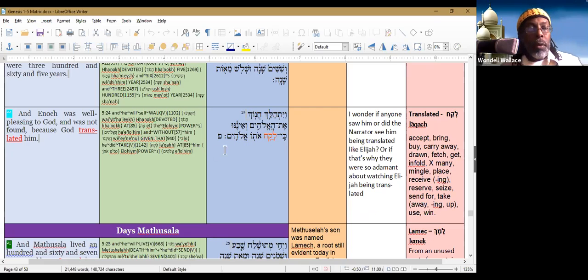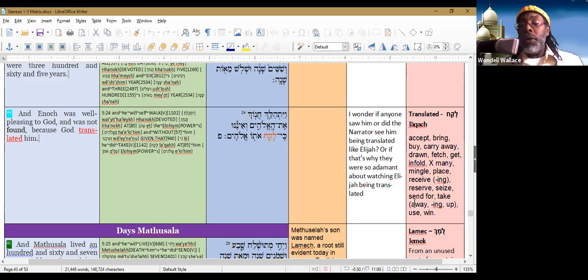And Hanoch was well pleasing. Okay. Some reason I got the word lakach. Okay, lakach. That's the word translated. I got it over here in the Hebrew column. Lakach: accept, bring, buy, carry away, drawn, fetch, get, enfold, many, mingle, place, receive, reserve, seize, send for, take away.